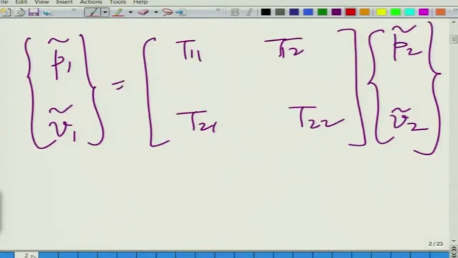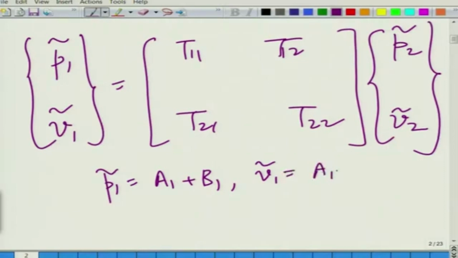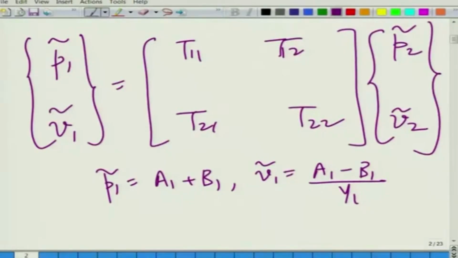Now, P1 tilde is A1 plus B1 and V1 tilde is A1 minus B1 divided by Y1. Y1 is the characteristic impedance of the exhaust pipe, let us denote it by 1, and obviously we will do some special cases where the exhaust pipe and tailpipe have the same diameters, that is to say they have the same characteristic impedance.